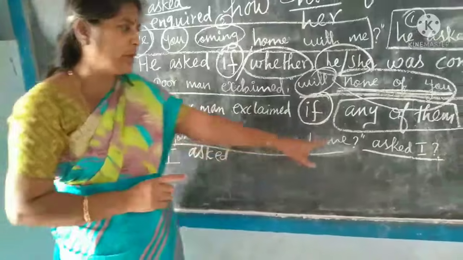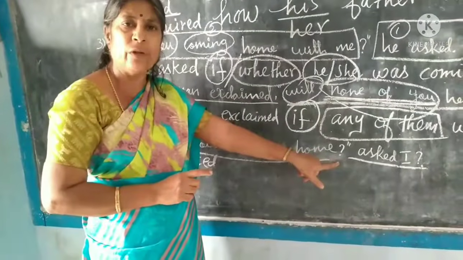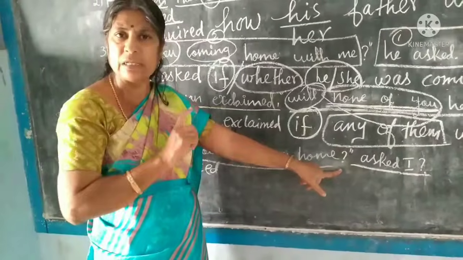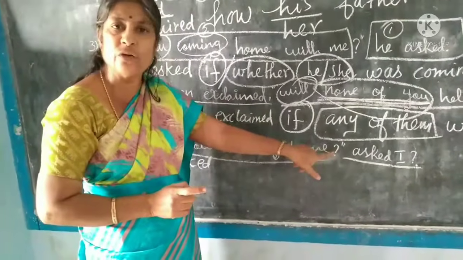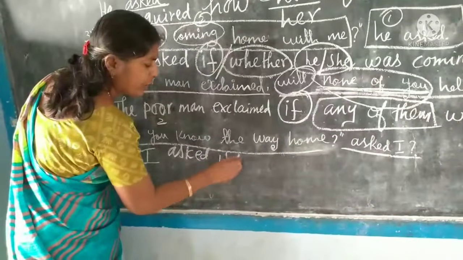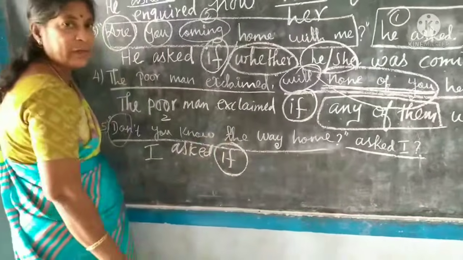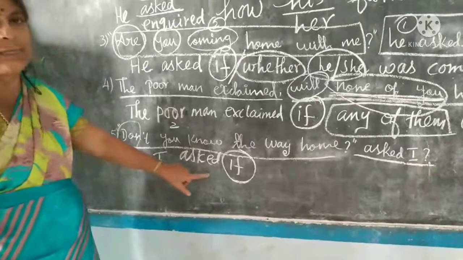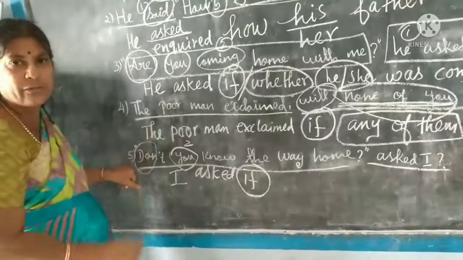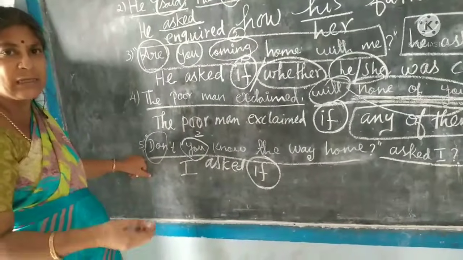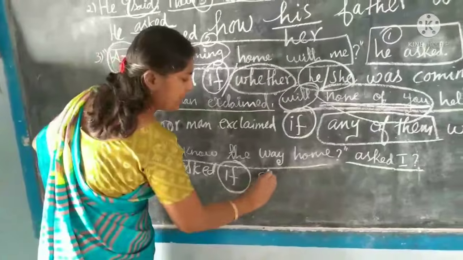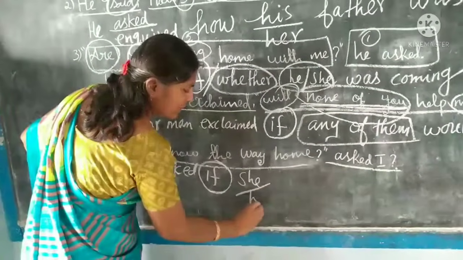It is not imperative because a question mark is here. When seeing the words do not, don't think it is an imperative sentence. So you have to write the conjunction if or whether because it is a verbal question. I ask if or whether. The word you is not given here, so you can write either he or she. I ask whether she or he. You can write any one as you like.